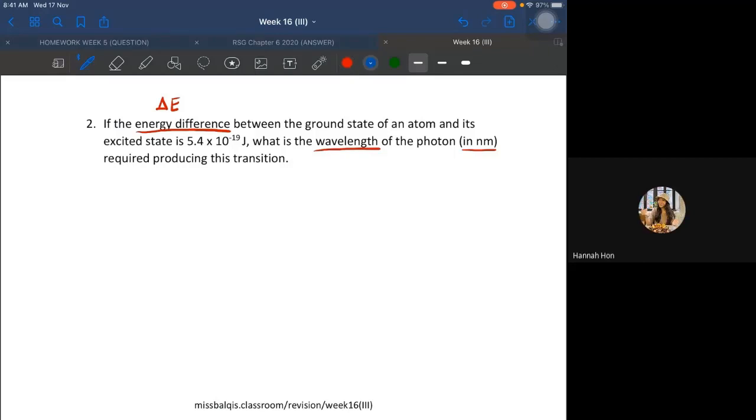So awak nak guna formula yang mana dalam banyak-banyak delta E? HC over lambda. Yes. So you're going to take this delta E equal to HC over lambda. So you already have your delta E, you want to find the lambda, you already have your H and C comes from the table of constant. So you simply rearrange your lambda on the left hand side and everything else kita bawa ke kanan.